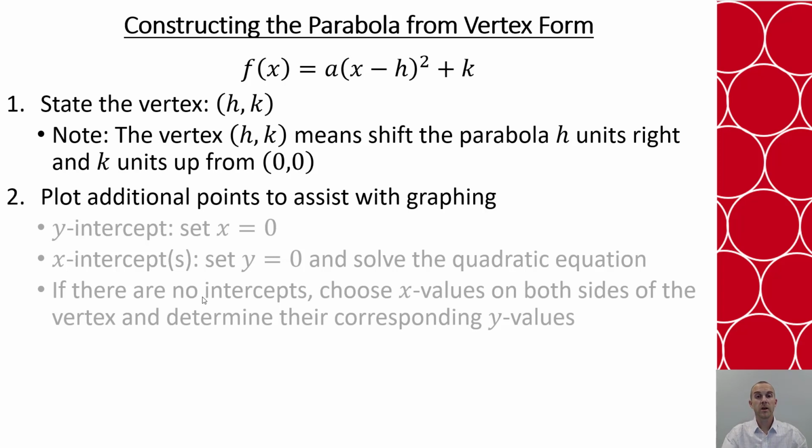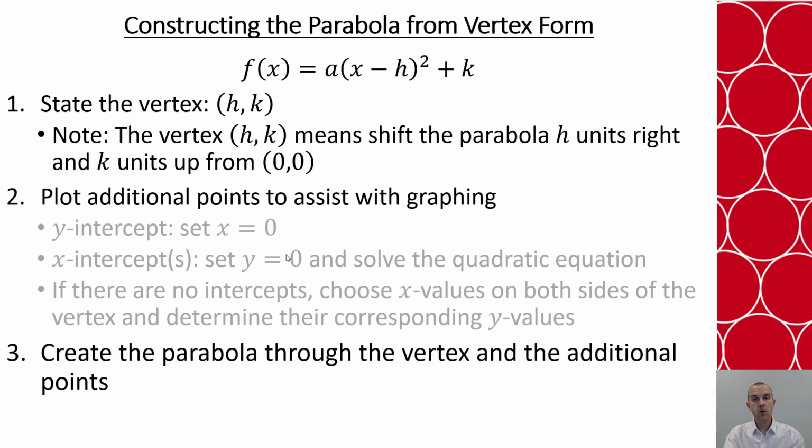Now, it is possible, again, to have no intercepts. Like if my vertex is above the x-axis and it's opening upwards, it never crosses the x-axis, therefore there's no intercepts. So I need to find other points that could be helpful. And then I'll create my parabola through the points that I have.